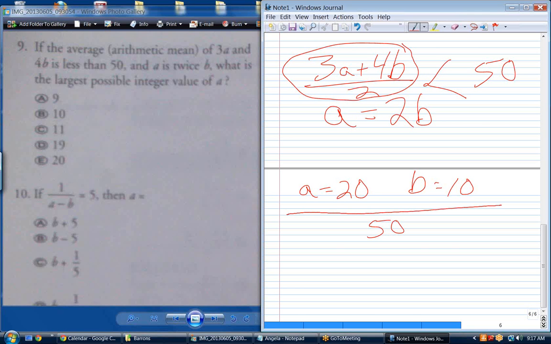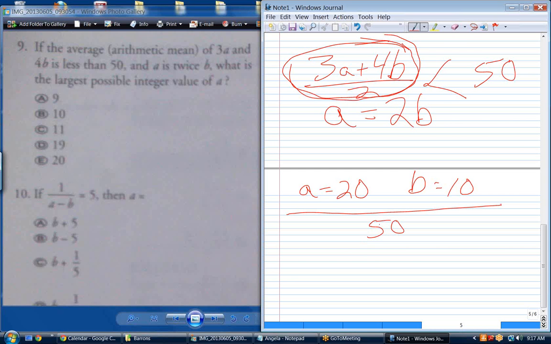So when I pick answer E, that's the value of A and B. And now, if I want to find the average, I plug in 20 for A and 10 for B. In other words, they're not asking for the average of A and B. They're saying the average of 3A and 4B is less than 50.